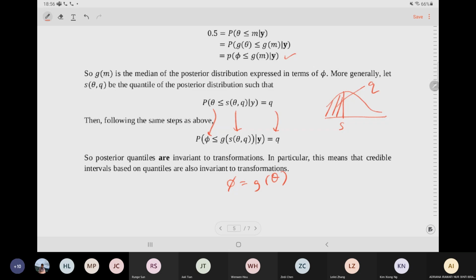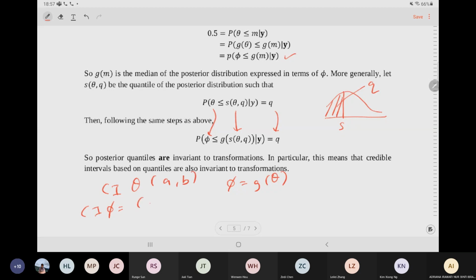And this means that the credible interval based on quantiles is also invariant to transformation. If I have a credible interval for theta, say a and b, then to get a credible interval for phi, I just use this function g. I put the value of a in, I put the value of b in, giving g(a) and g(b), and I get my credible interval for phi.